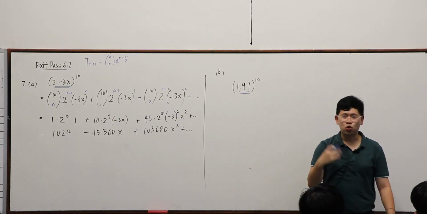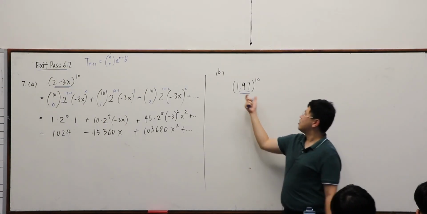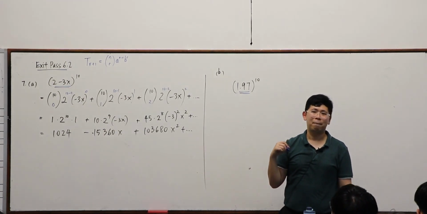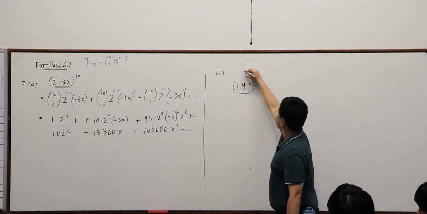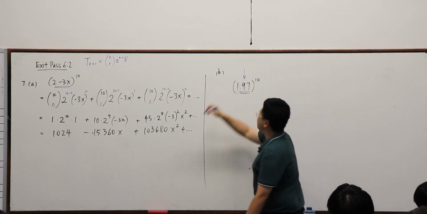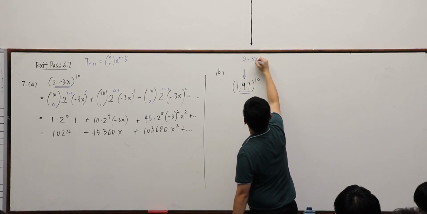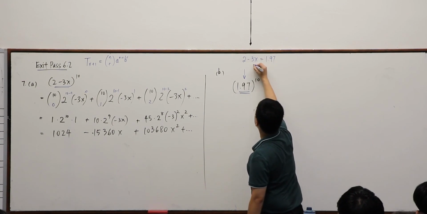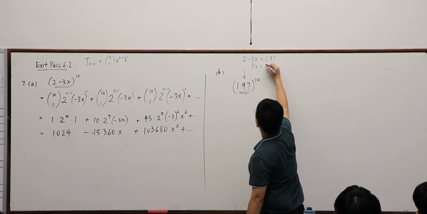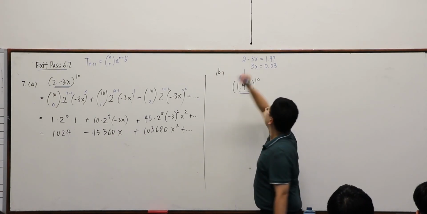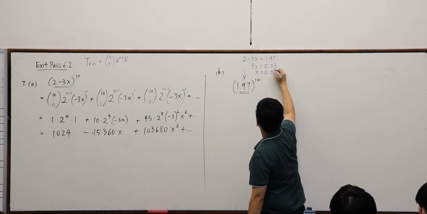So what is a suitable value for x such that we get 1.97? Meaning 2 minus 3x, I need to get 1.97, agree? If I swap around, 3x will equal 0.03, agree? Then x equals 0.01.